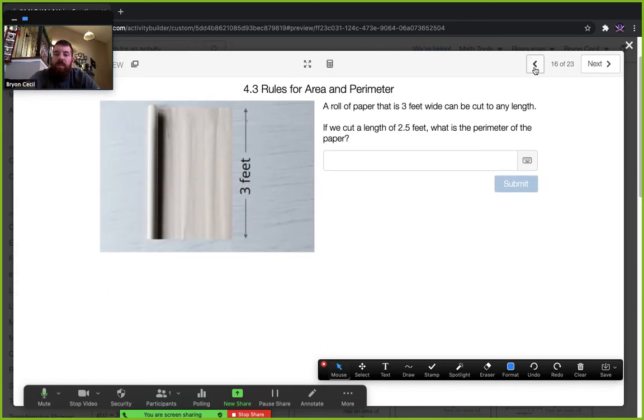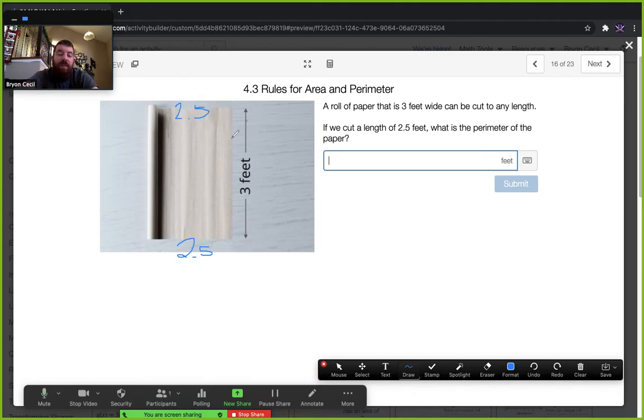The next slide. So I'm sorry, we did that. Okay, so a roll of paper that is 3 feet wide can be cut to any length. If the length is 2.5, what is the perimeter? So guys, remember in the perimeter, we add up all sides. So like this is 2.5, right? So that means that this is 2.5.